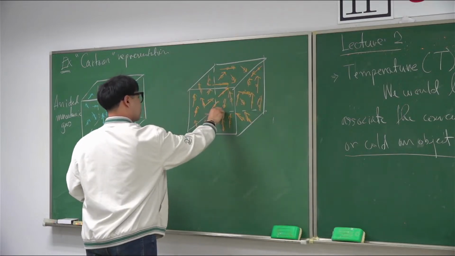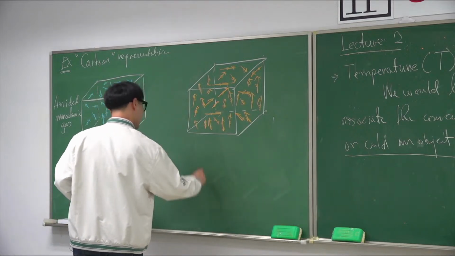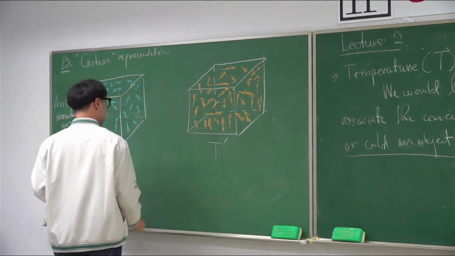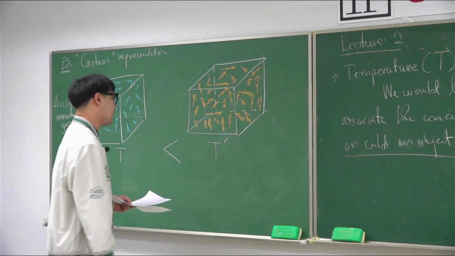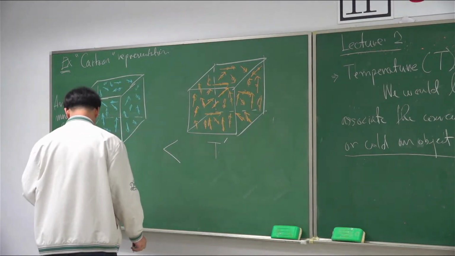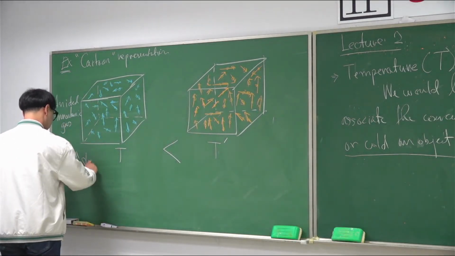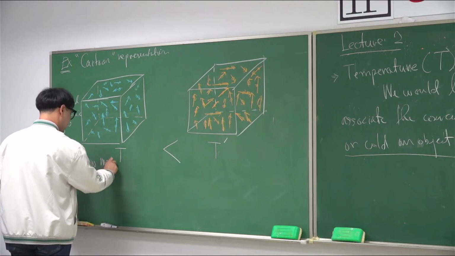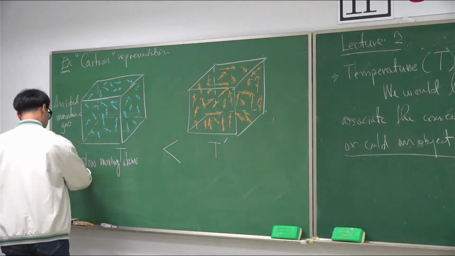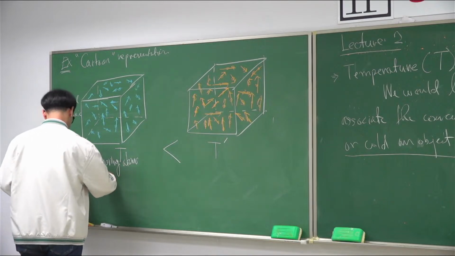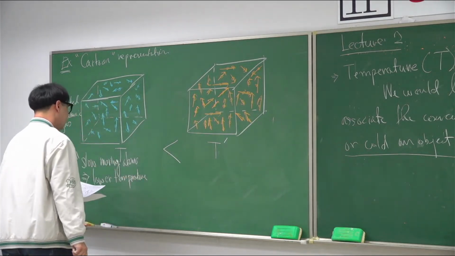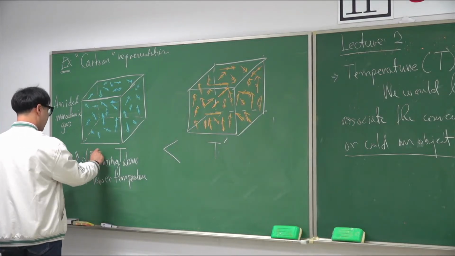Okay, so on average you have this T and this T. I call this one T hot, which is greater than this one, because on average the kinetic energy of the box on the right-hand side is lower: these are slow moving atoms, lower temperature.